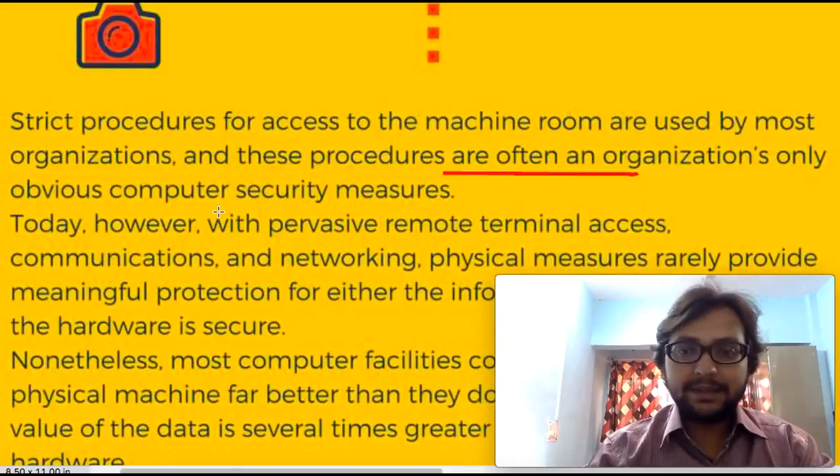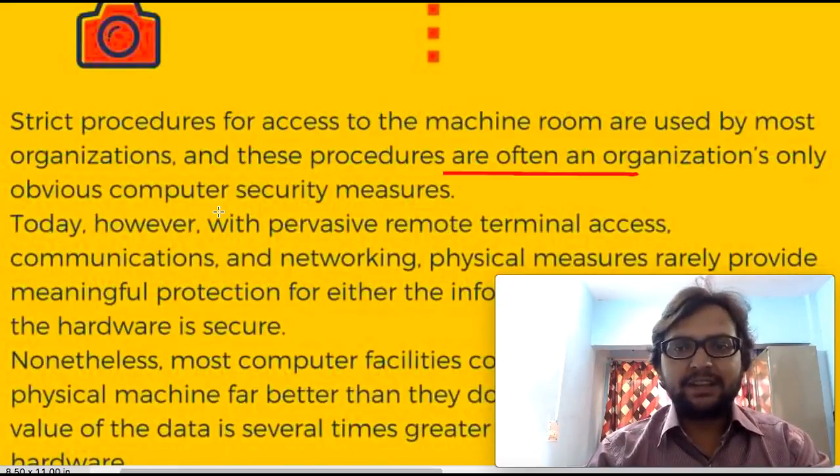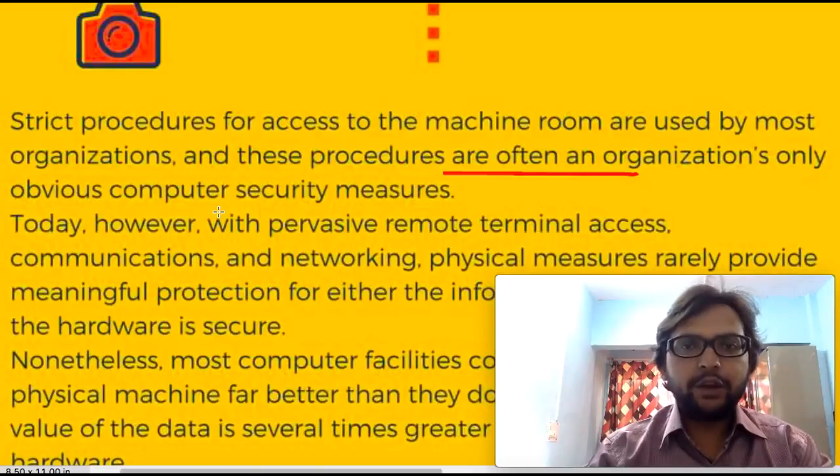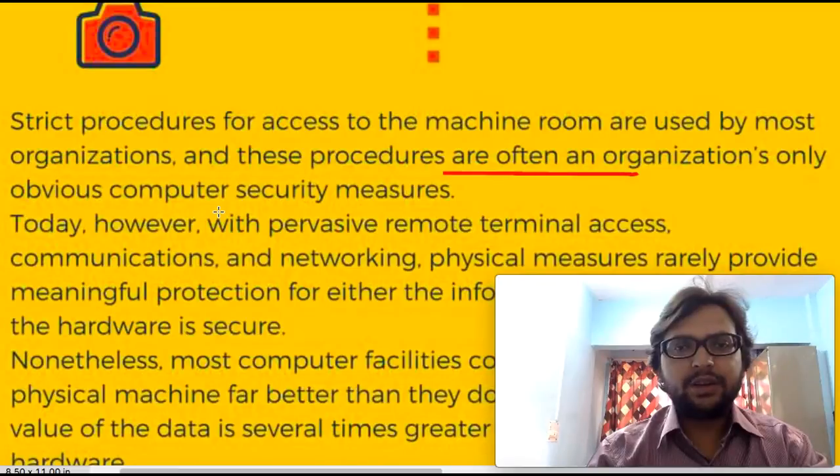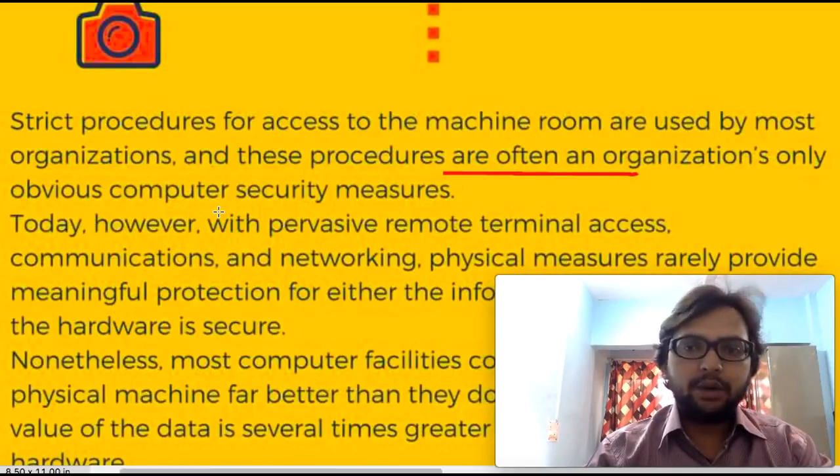For the same reason, we need to provide not just physical security but logical security as well, where we are going to protect our data and our machine with the help of some algorithms. Those algorithms are very important for us to understand as well. Remember, WhatsApp or any other chatting application uses such algorithms to protect their users' data and confidential information.